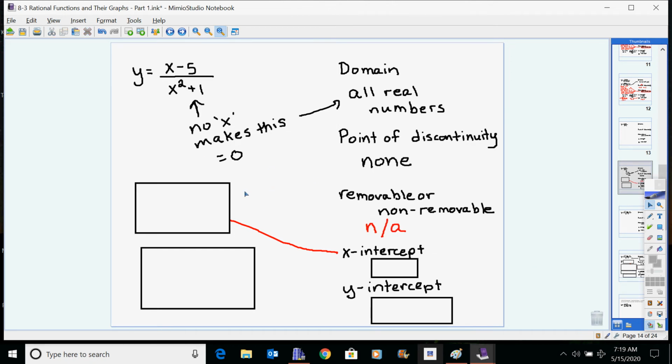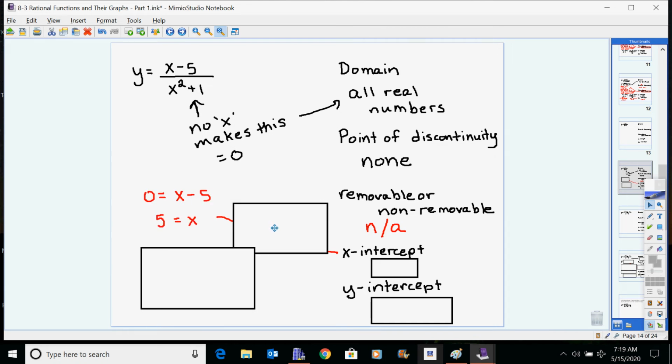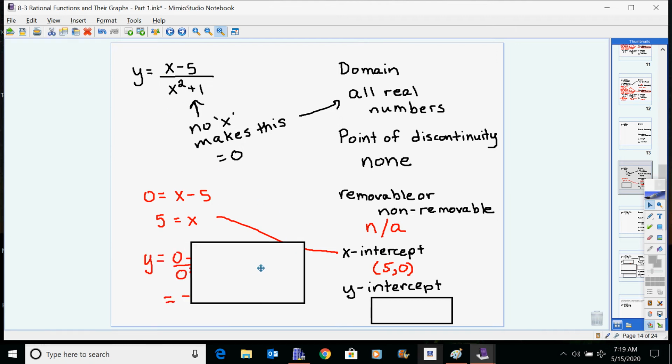The x-intercept, if we set 0 equal to the numerator, we get x equals 5 as our x-intercept. And for the y-intercept, you have to plug in zeros for the x's.